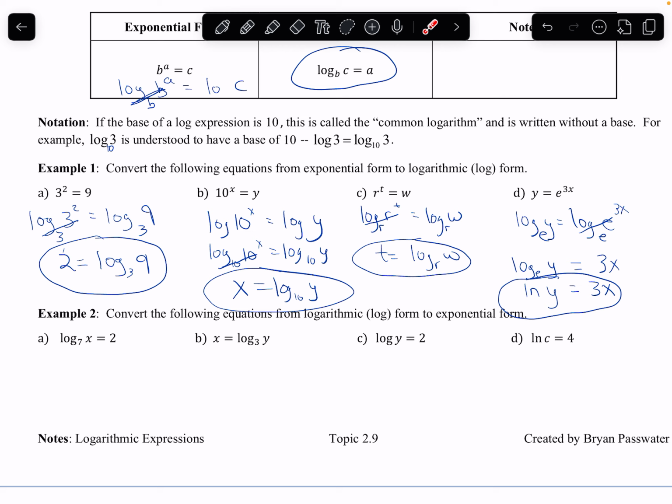The quick way doesn't show you why we're doing it. Kind of like the notes up here didn't explain the why. So two of them I'm going to do the quick way, and then the last two I'm going to do in a manner that explains why it works.